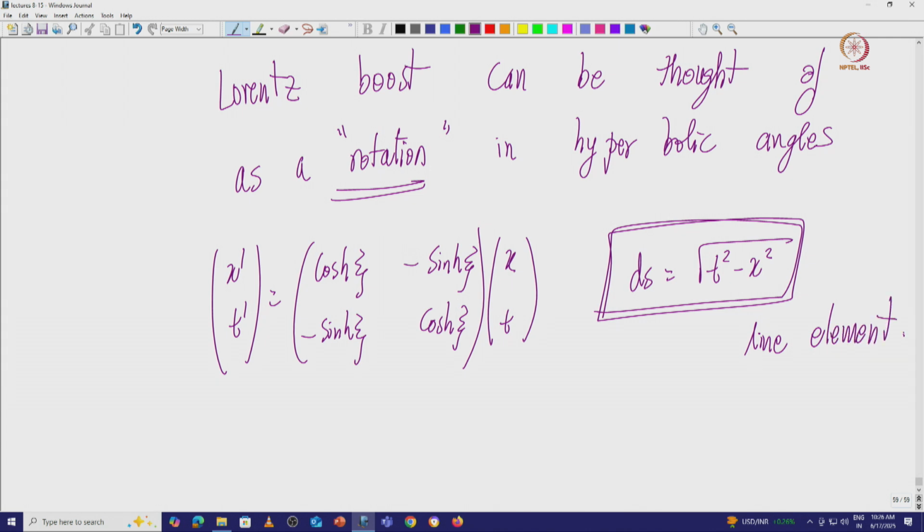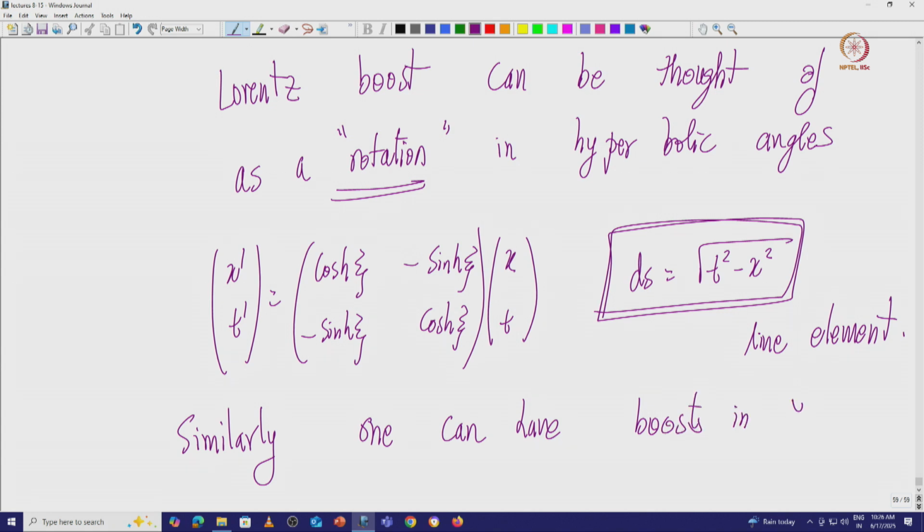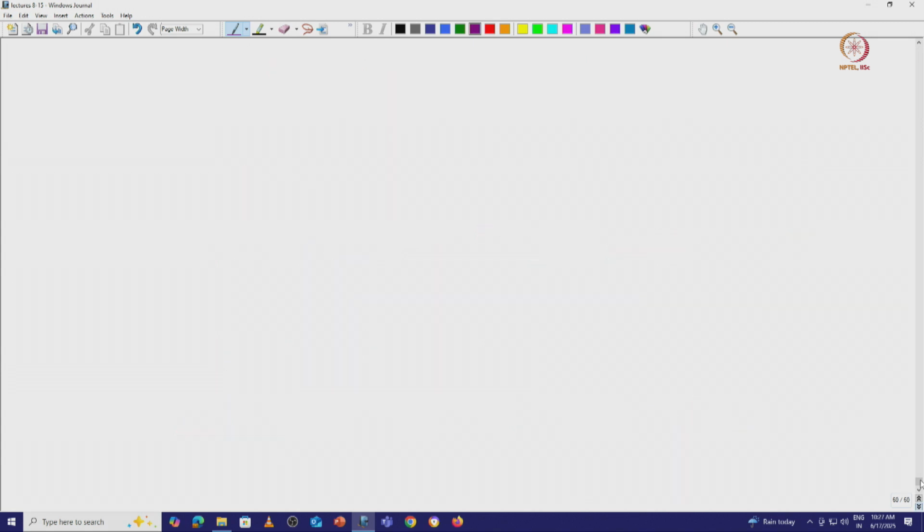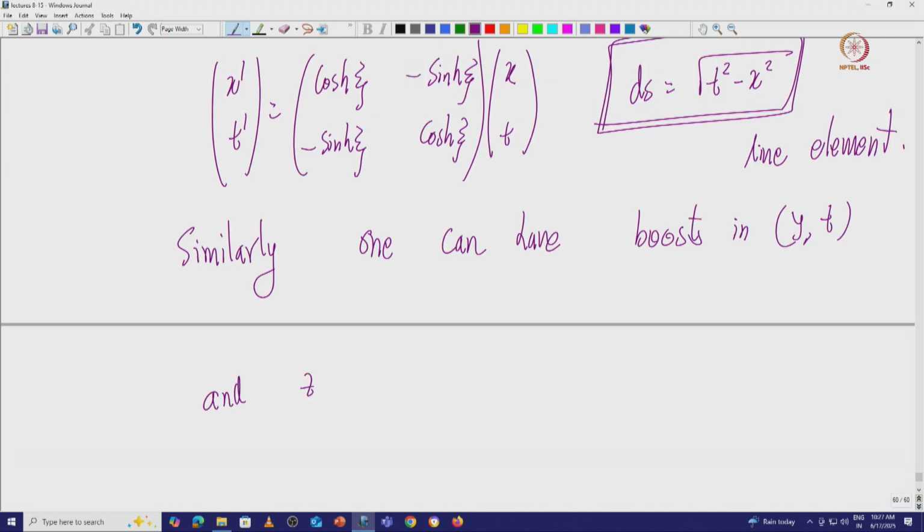Now this is in the x and t plane. But you can also do the same thing in yz, zx, yt and zt. Similarly, one can have boosts in the yt and zt planes.